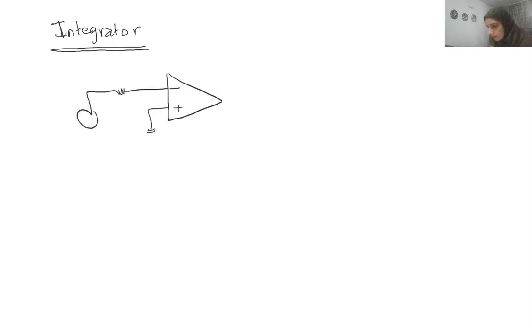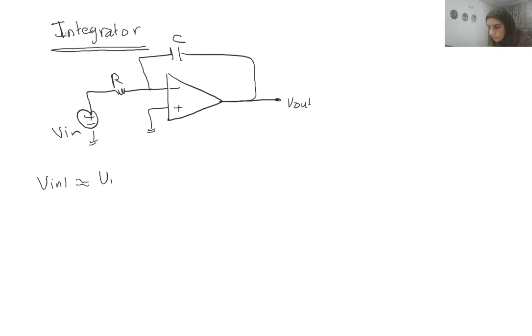However, in the feedback, I don't have a resistor, we have a capacitor. So this is C and this is R. So again, Vn1 will equal Vn2, and therefore node X is acting as a virtual ground. The current here will continue here, and I will equal Vn divided by R.